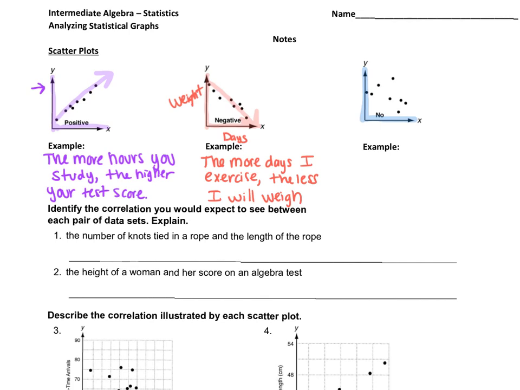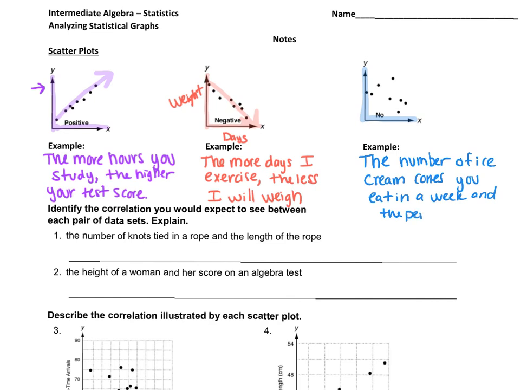So, for example, this is kind of a silly example, but it'd be the number of ice cream cones you eat in a week and your shoe size. So those things aren't correlated. There's no relationship between the amount of ice cream you eat and your shoe size. So these are some examples of positive, negative, and no correlation.